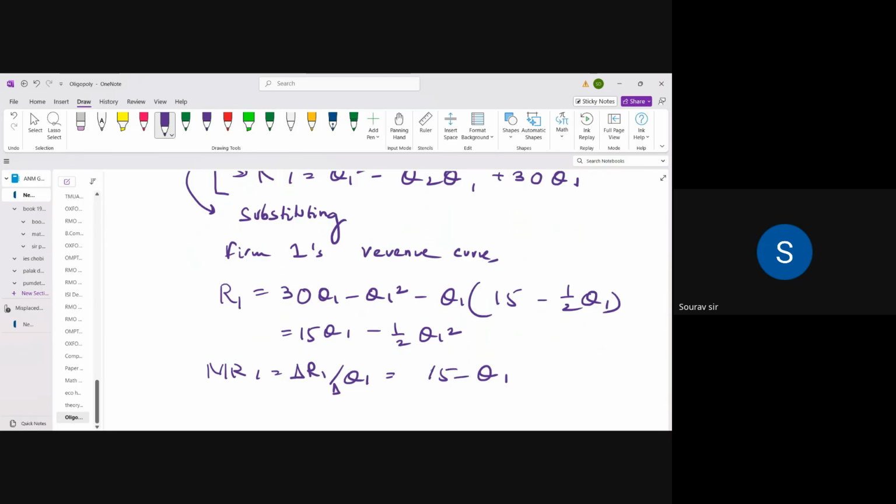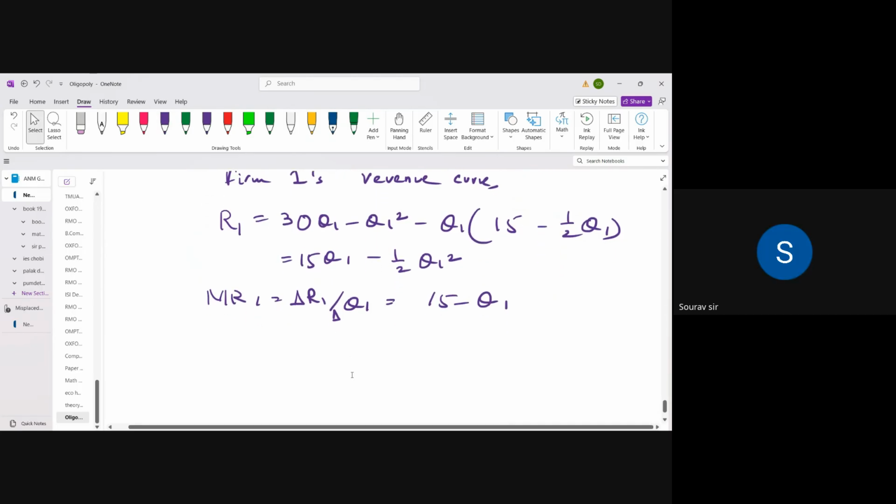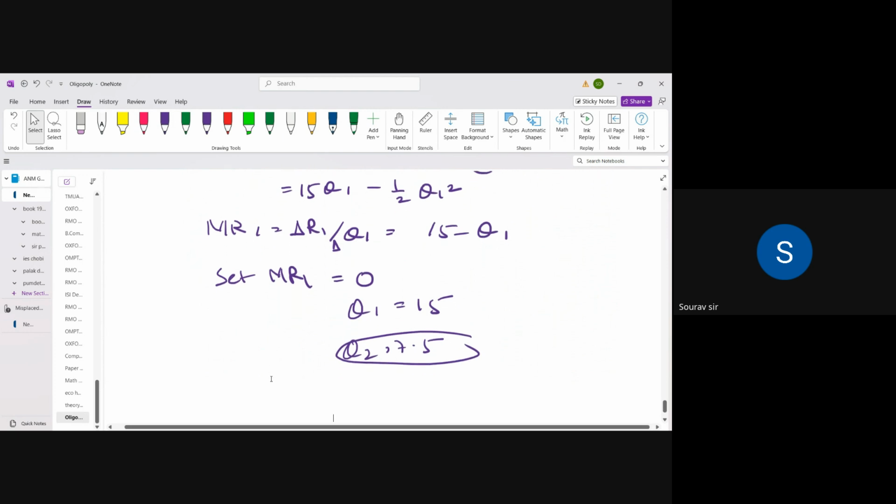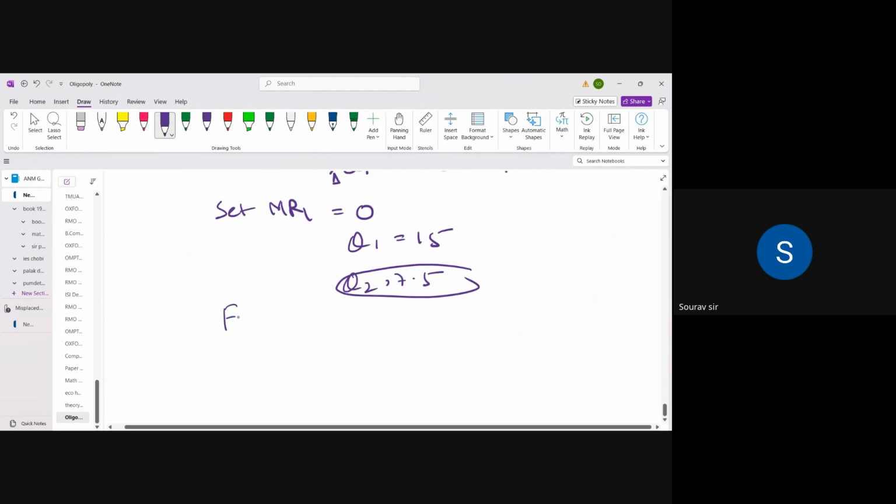Okay. So if I set MR1 to 0, it will give me Q1 as 15. And from firm 2's reaction curve, we find that Q2 is 7.5.